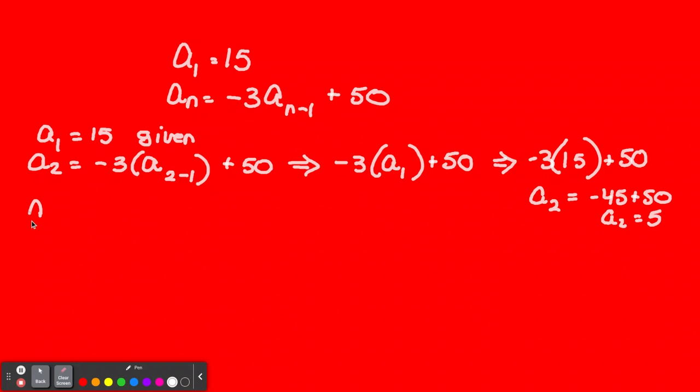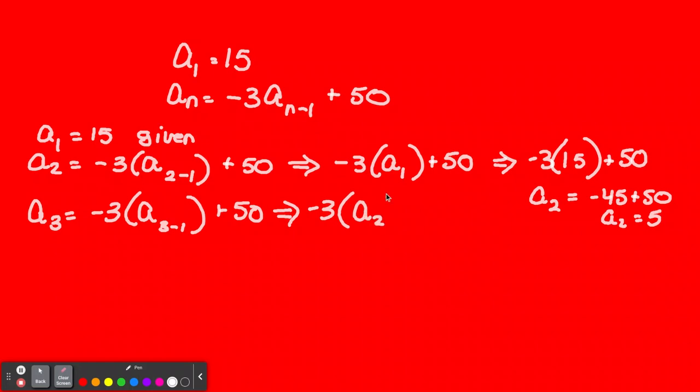So now for a3, we know it's negative 3 times a3 minus 1 subscript, plus 50. So that's going to be negative 3, and 3 minus 1 is 2, so it'll be the second term, plus 50. Of course, the calculator is going to do this just like that for you. And put a little line there.